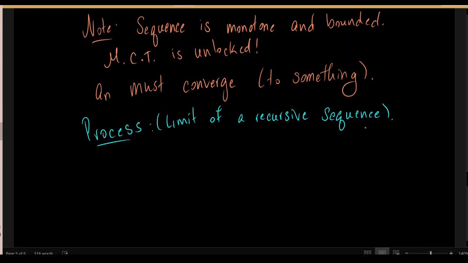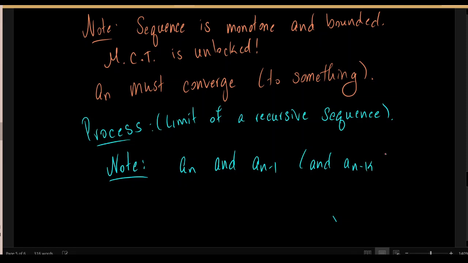So the first thing that we're going to note is that the limit of a sequence doesn't depend on what you choose to be the first term in the sequence. a_n minus 1, and in general a_n minus whatever. No matter where you start in the sequence, the limit is always going to be the same.